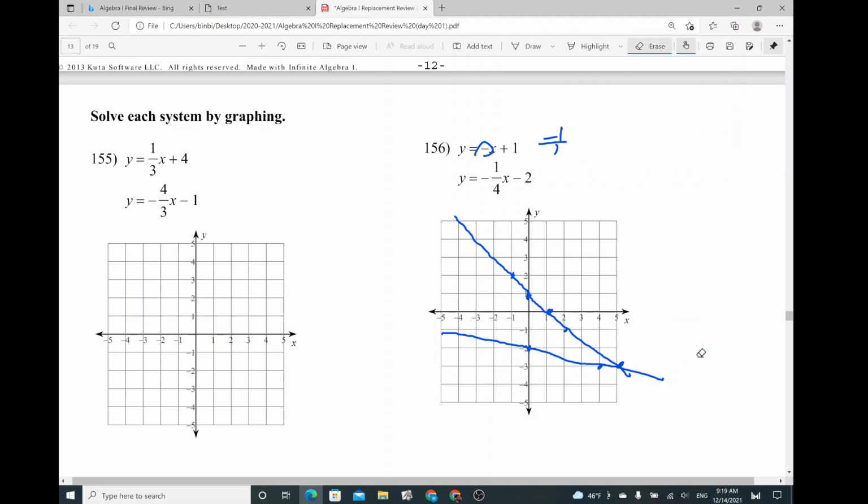The first line that I drew is dotted all the way through, so connect it all the way down. And then the other one, connect them. So the point where they intersect is supposed to be 4, comma, negative 3. So again, the graph has to be very precise.